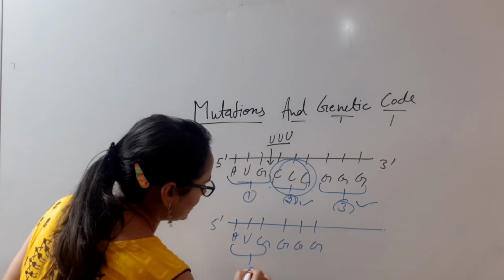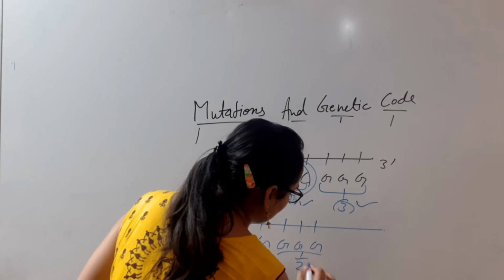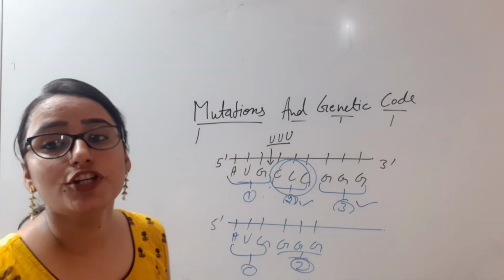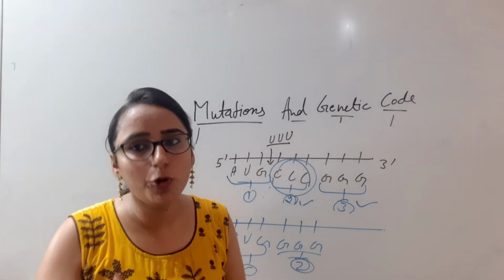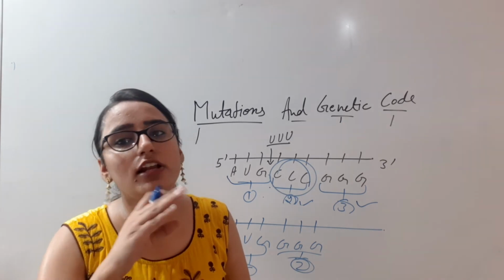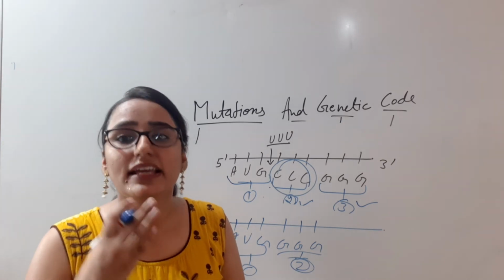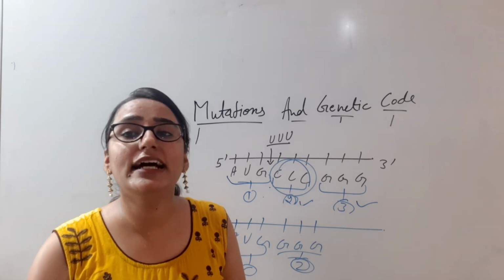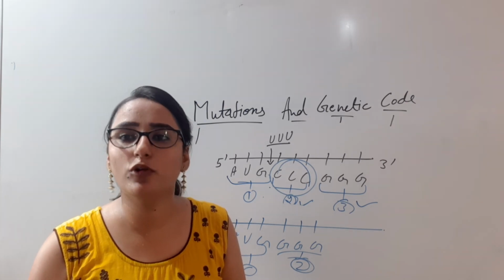So the first codon is this and the second codon is this. So this deletion of three nucleotides, or a codon, from the mRNA sequence will not change the reading frame. Instead, it will delete a particular amino acid from the protein sequence.